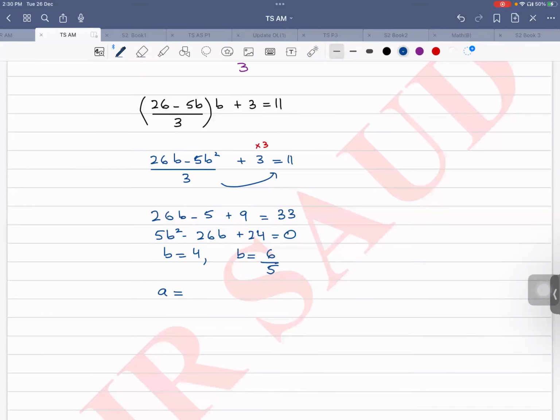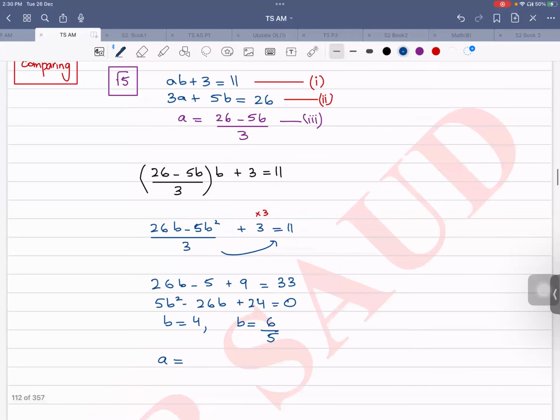So the two values of B I'm getting are 4 and 6 upon 5. Let's put these values into the third equation. The two values of A I'm getting are 2 and 20 upon 3.